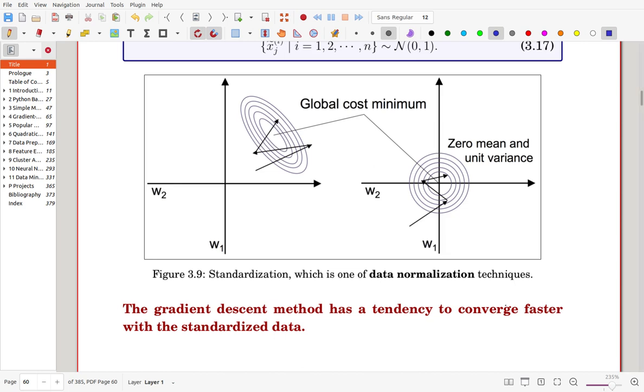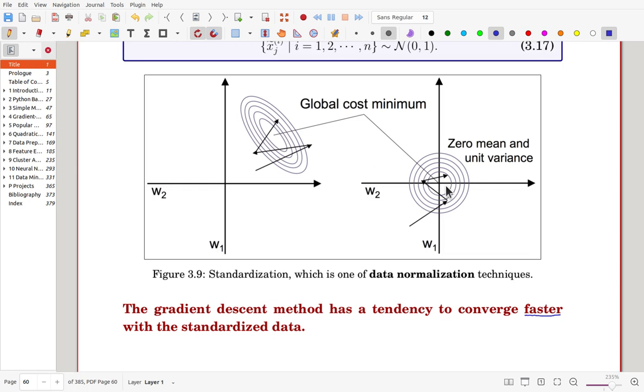However, with standardization, the geometric characteristics will be broken to become unit variance, so you have to be really careful.